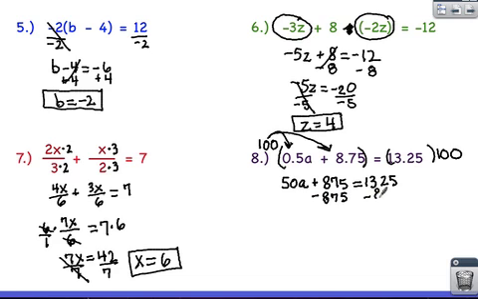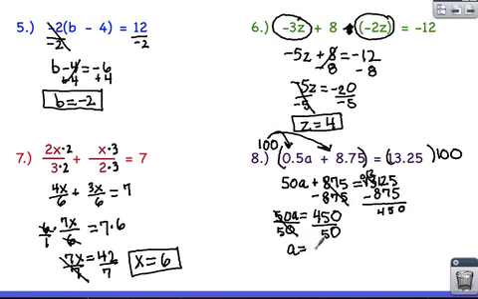So I can focus on isolating my A. I subtract 875 from both sides. And we get 450. Divide both sides by 50. And we get that A equals 90.